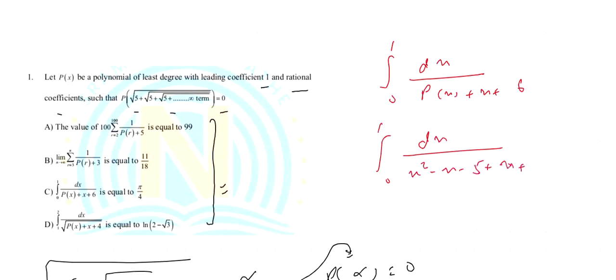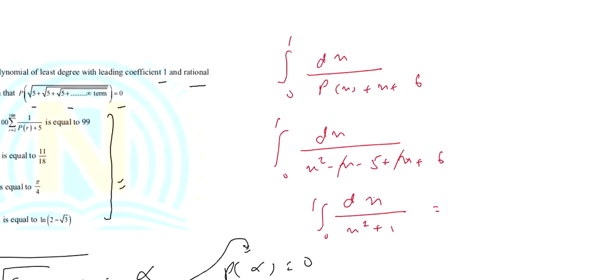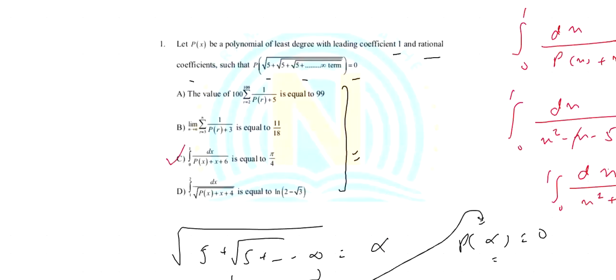That is, x got nullified. Dx upon x square plus 1, from integration limit 0 to 1. It will be tan inverse of x from 0 to 1, and that is pi by 4. Right? So this option is correct.